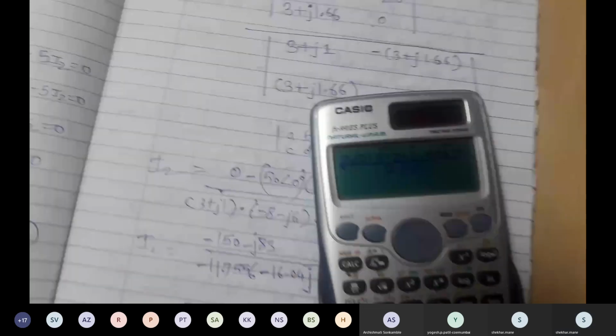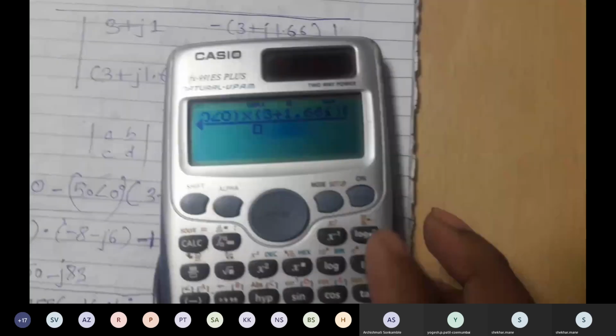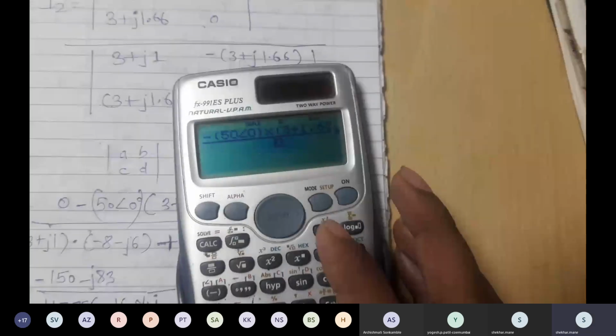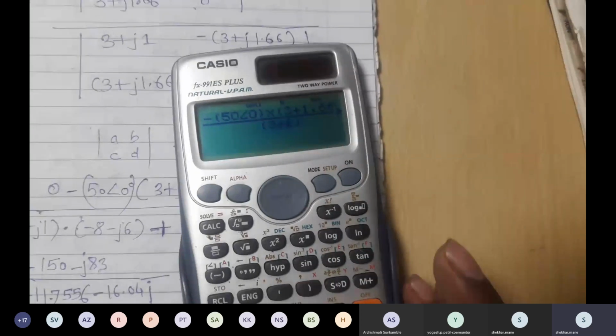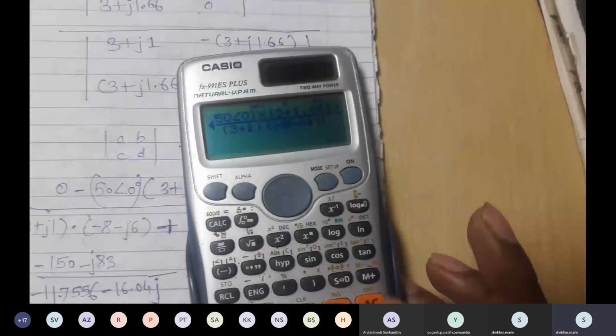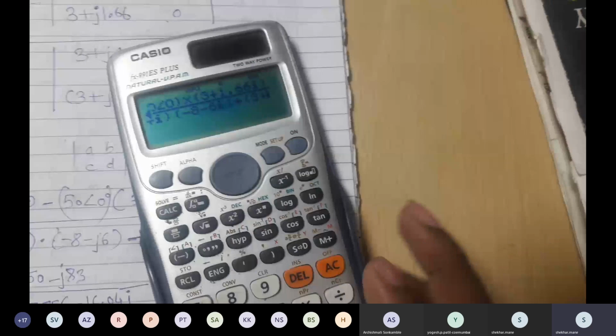Now the denominator part is 3 plus 1.66I into minus 8 minus 6I plus 3 plus 1.66I square. Now you can see this. Can you see this?